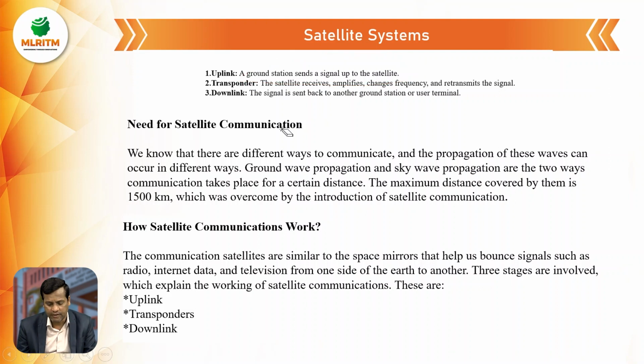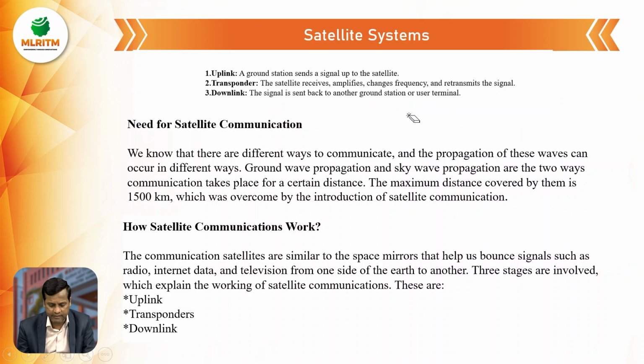The transponder receives, amplifies, changes the frequency, and retransmits the signal to the downlink. The downlink is the signal sent back to another ground station or a user terminal. Whomever we want to send a message to, the downlink is done by the ground stations or a user terminal.